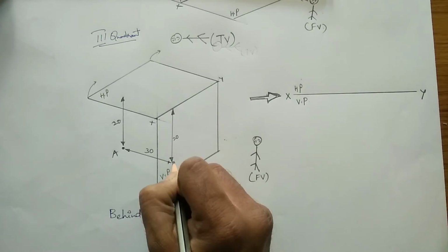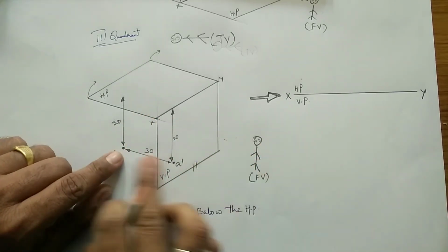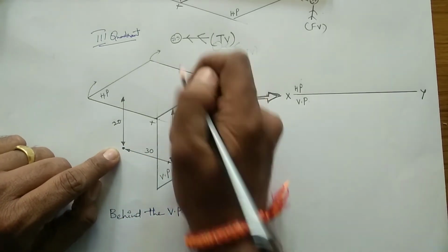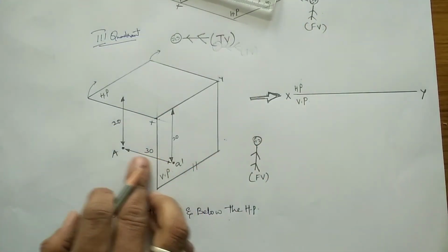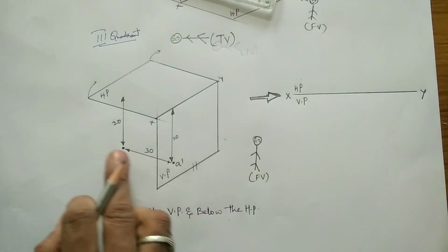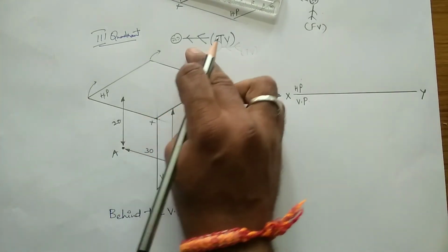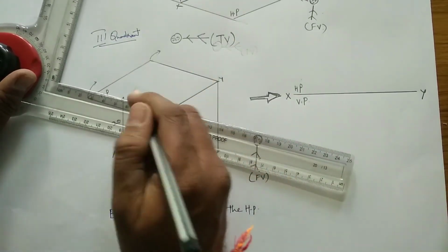Here is the position of the point A dash. When he sees from the front view, the point is 20 mm below the XY line. And when he sees from the top view, at what distance is the point? It is 30 mm behind. So when he sees from the top view, it is 30 mm behind VP.